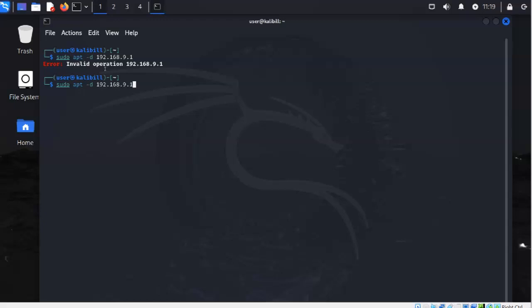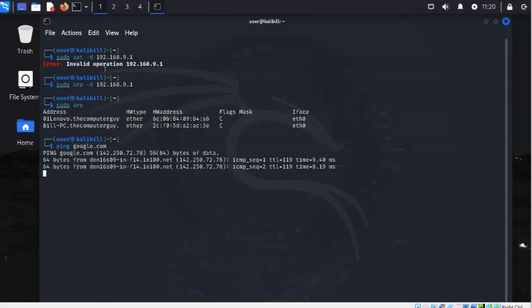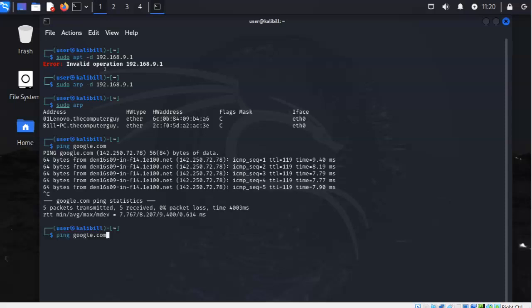What did I do wrong here? Sudo, oh, apt, yes. Needs to be arp. That deletes that entry. However, it's going to come right back to the right entry. See, it's not there. But if I ping google.com, my computer is going to say, oh, I have to get to the default gateway to get out of my network.